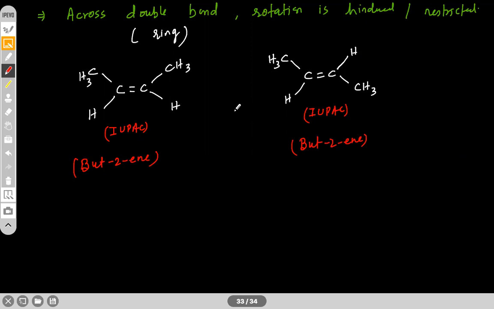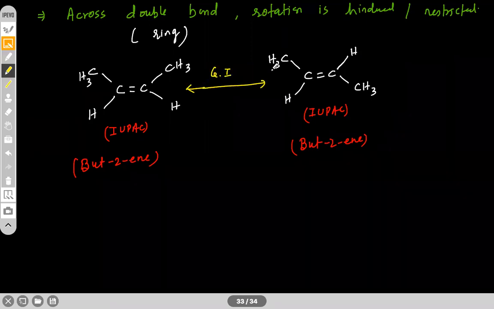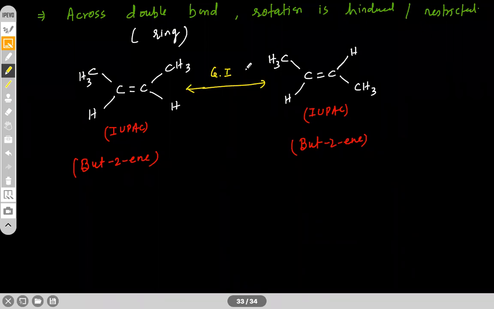Now we have already discussed that these two are different compounds, and they show geometrical isomerism. So they are GI, geometrical isomers of each other. So it means they have different physical properties also.